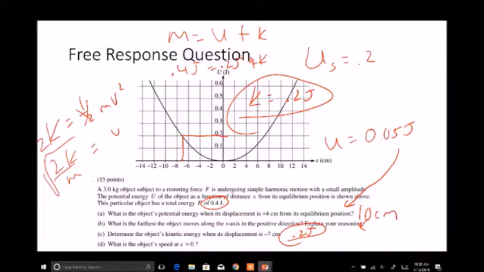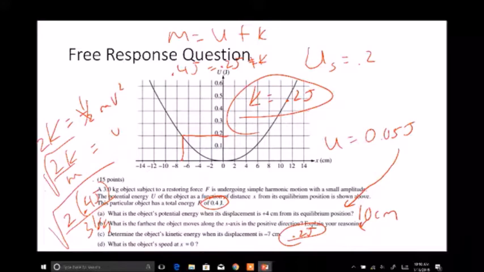So in this case, we're going to have 2 times the kinetic energy. All of the energy is kinetic at that lowest point, over the mass of our object, which was 3 kilograms. We'll take the square root of that whole quantity. So 2 times 0.4 divided by 3.